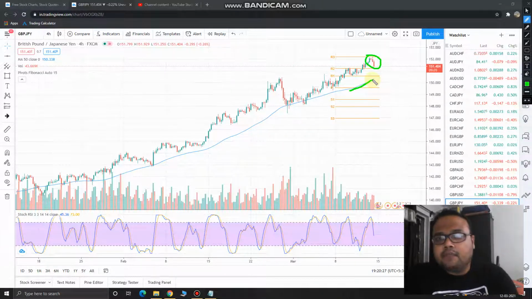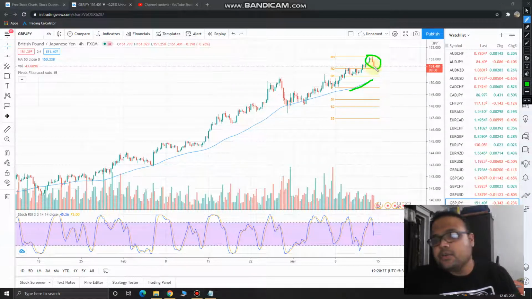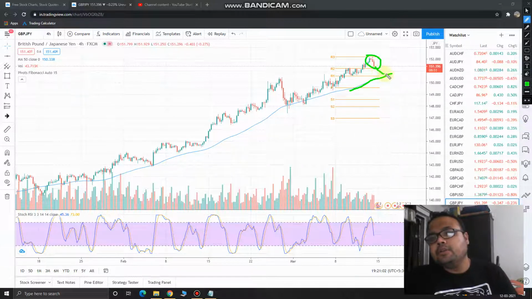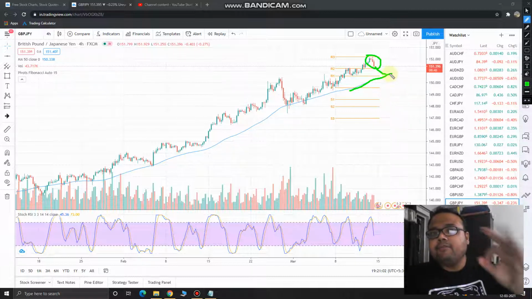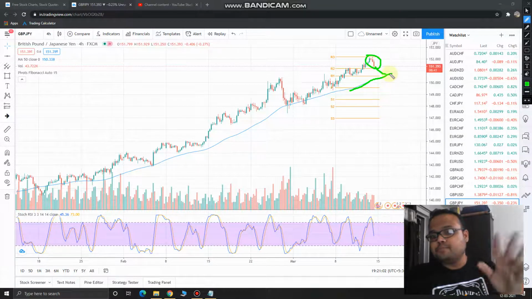Okay, if you have missed the entry, then you just need to wait for the market to come down to the 50 moving average to take support. That's it. Just wait for the market to come down to this 50 moving average and take support. So when price will come down to the 50 moving average to take support, just observe how the price is reacting. Whether the 50 moving average is providing the required support to the market or not, that is important.